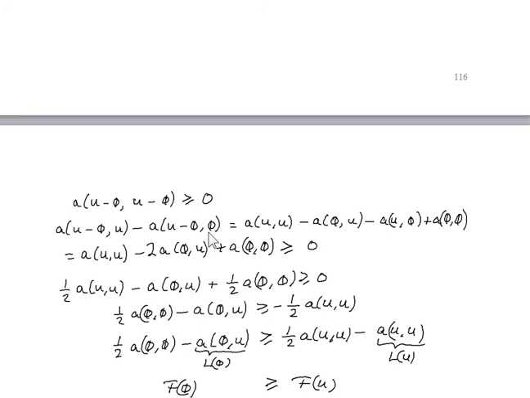And next we can utilize that this bilinear form also is linear in the first argument, and then we obtain this. And minus, we use exactly the same argument that the bilinear form is linear in the first argument here, and we obtain this.